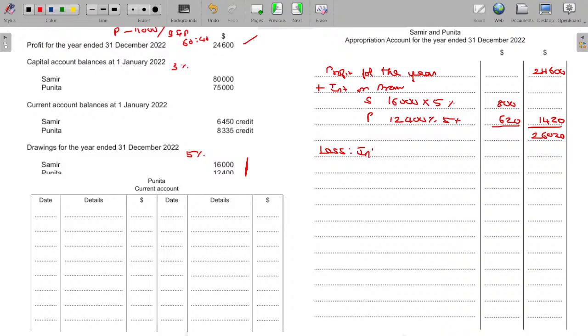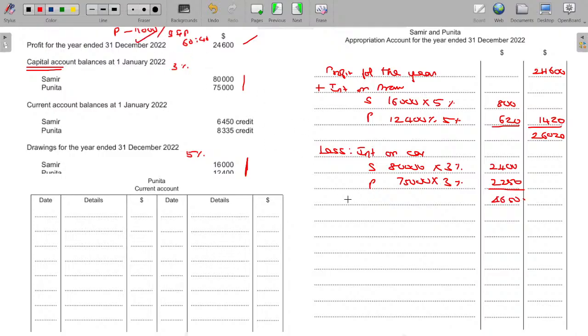interest on capital. Interest on capital will be calculated only on the capital account, not on the current account. For Samir and Punita, their capital is 80,000 and 75,000. On that, you have to calculate 3%: 2,400 and 2,250, total 4,650.